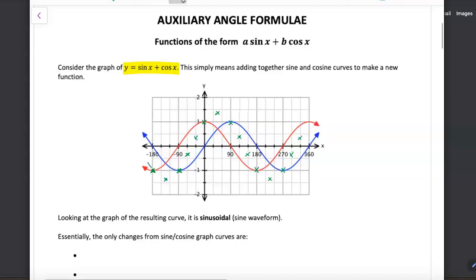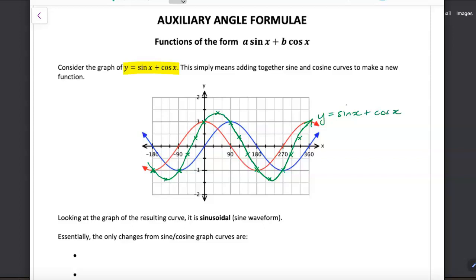So we get a bit of a feel for what this curve actually looks like. So in green, we've got y equals sine x plus cos x.